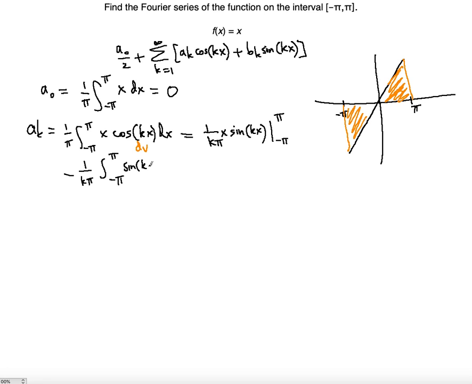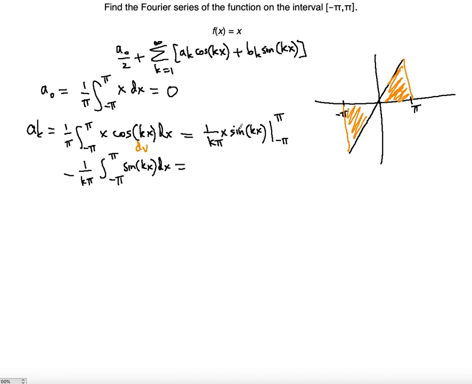So as you see, it will become simpler. This will not necessarily be equal to 0, but you know what? It will be, because the cosine, as a result, will be cosine of k pi minus cosine of negative k pi. Cosine of negative k pi is the same as cosine of k pi. I can already see it in advance, but you can check it.